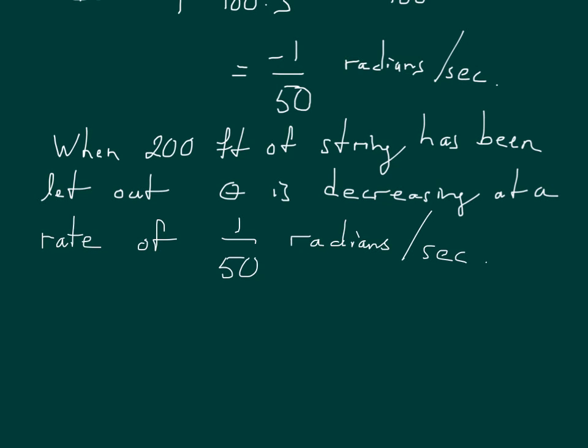And note that because we've said that theta is decreasing already, we can write 1 over 50 here. We don't have to include that negative.